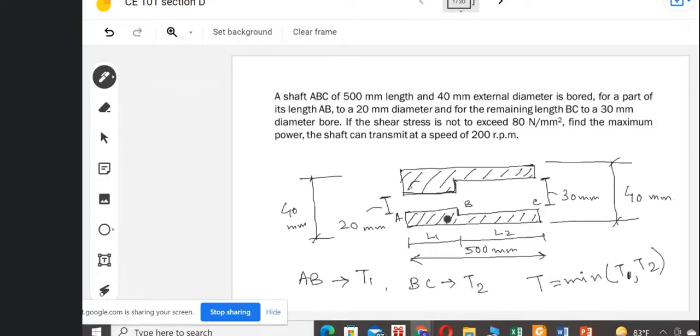So your first job is, can you say what is the torque of this AB section? If the torque applied to that AB section is T1, what will be the value of T1?